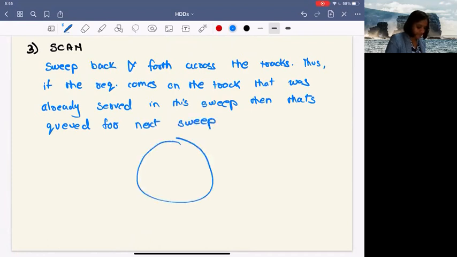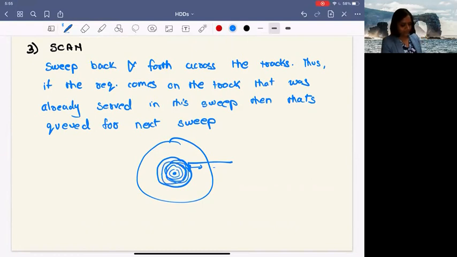So what happens in SCAN is, let's say the head is on this track in the center, and as the definition says, we are sweeping back and forth, basically sweeping inside and outside. Let's say at this time we were sweeping outside, so we completed serving the requests in all the inside tracks.